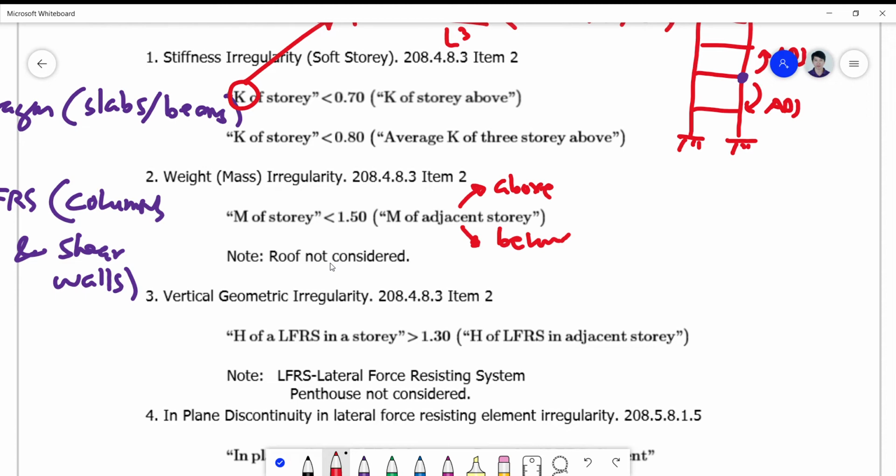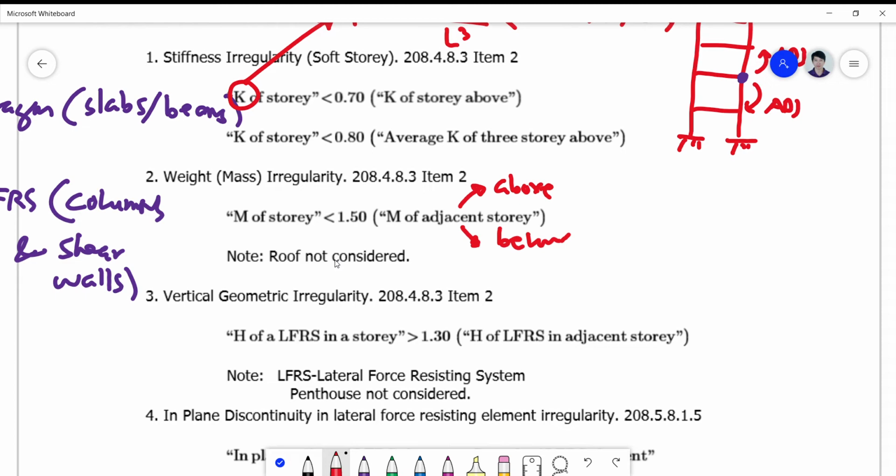So if you have a roof made up of GI sheets, you might say that it's a soft story. No, you don't have to consider the roof because the roof only serves the function of guarding against rain and sunlight, without any permanent loads that might cause damage.